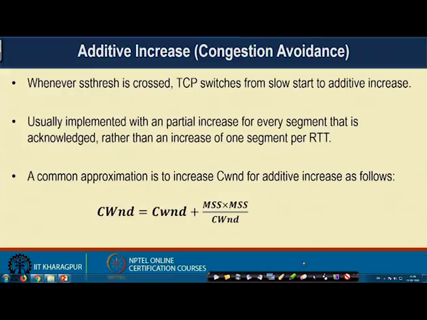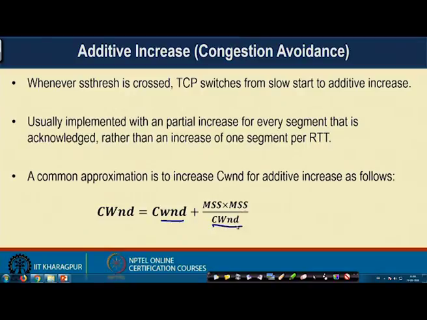It is usually implemented with a partial increase for every segment that is being acknowledged, rather than an increase of one segment per RTT. So, this one segment per RTT is your slow start phase. To do that, a common approximation is to increase the congestion window for additive increase based on this formula. The congestion window is increased as the current value of the congestion window plus the maximum segment size times the maximum segment size divided by the congestion window.